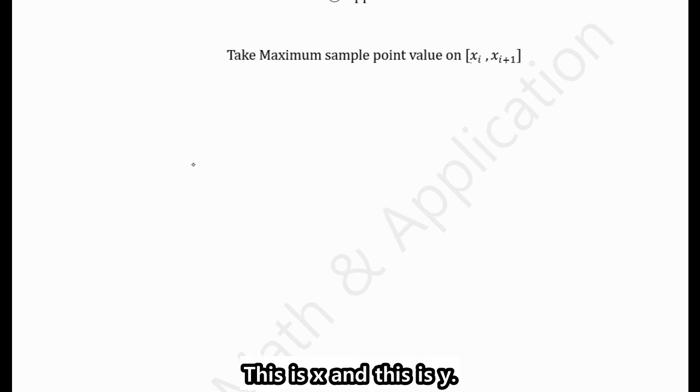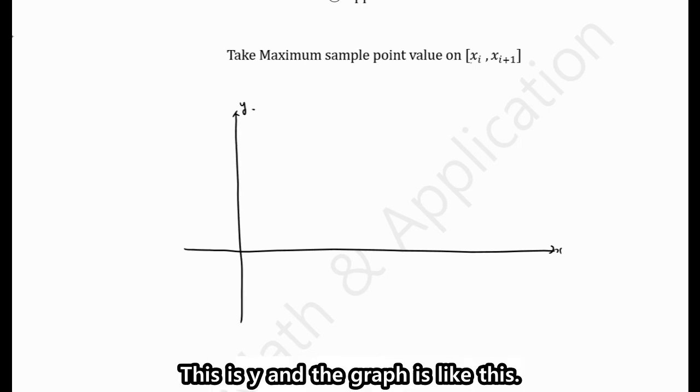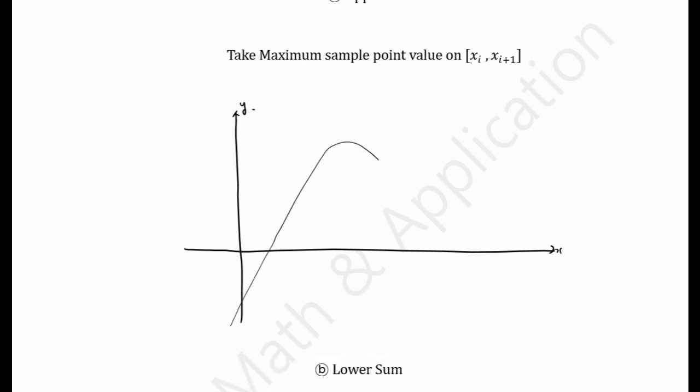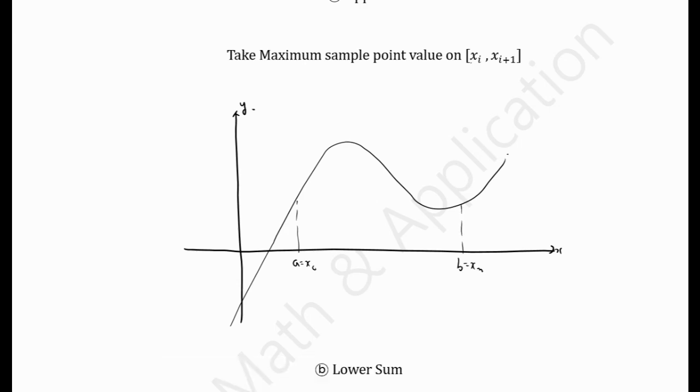So this is x and this is y, and the graph is like this. This is x0, a, and this is b, xn.